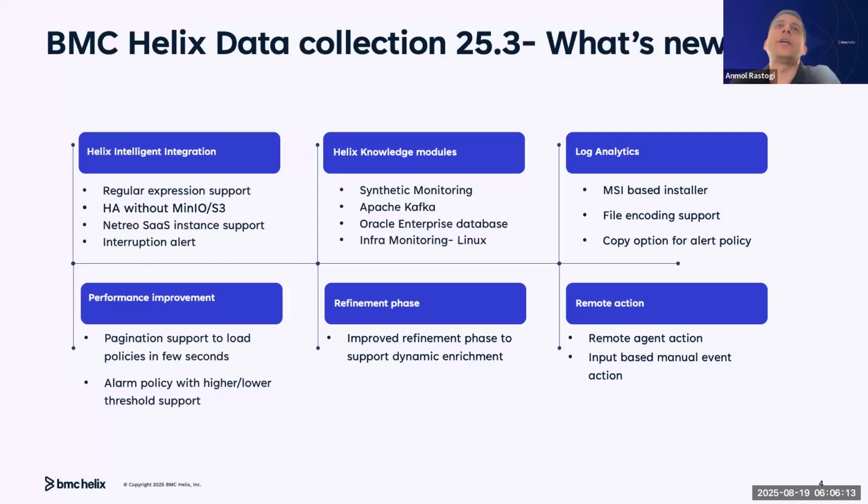In that way you can have more granular control over what event and metric data needs to be consolidated into the manager of managers, which is BHOM, for AIOps use cases.